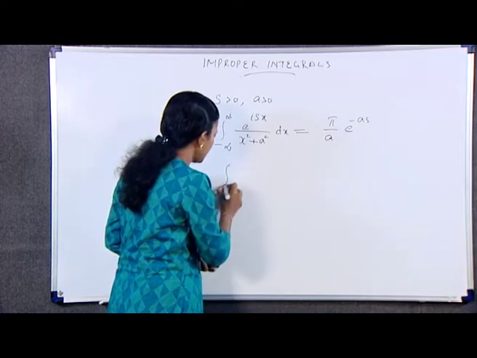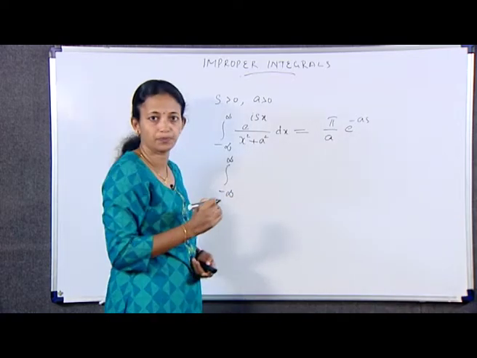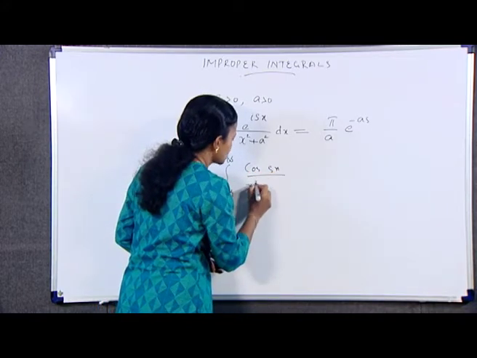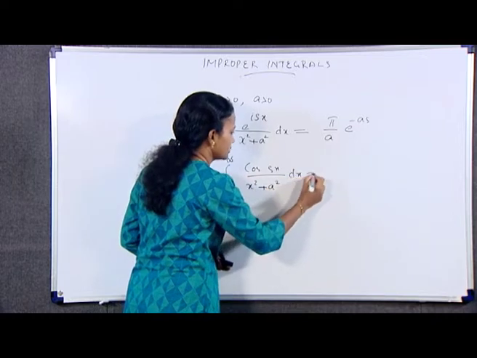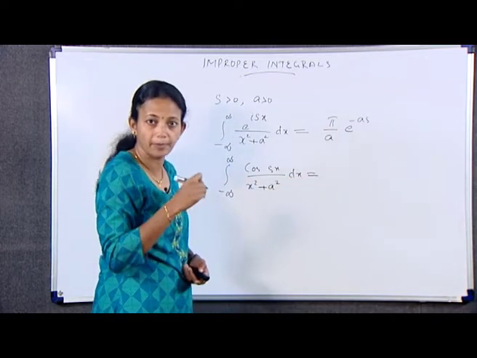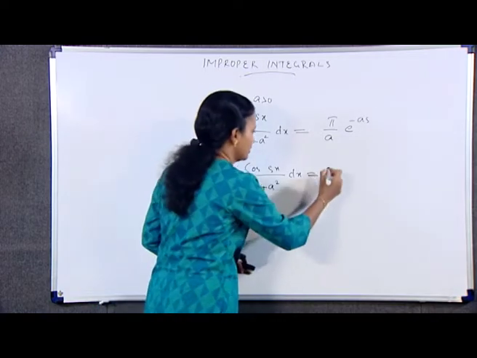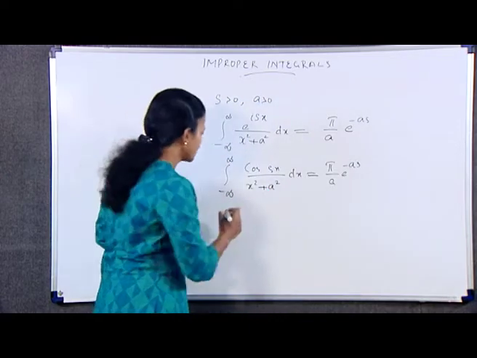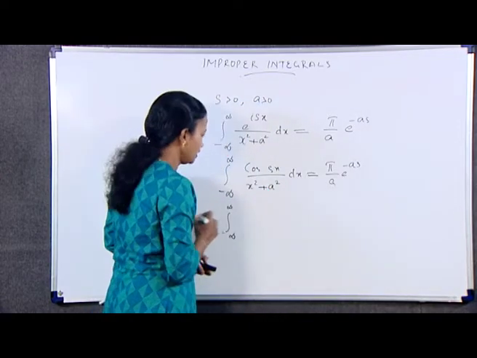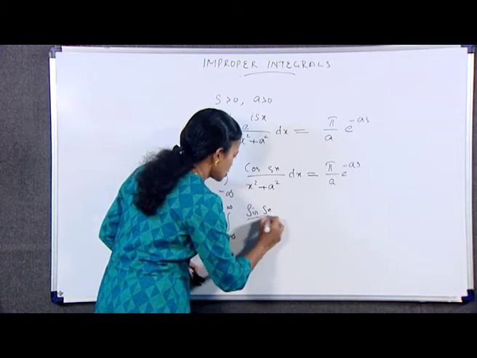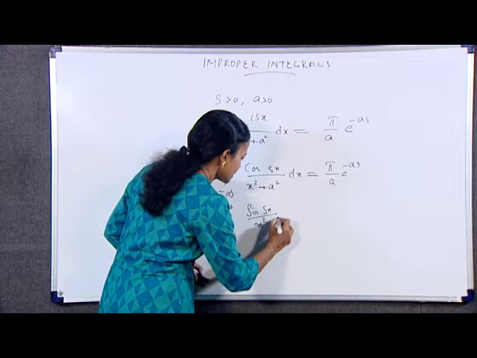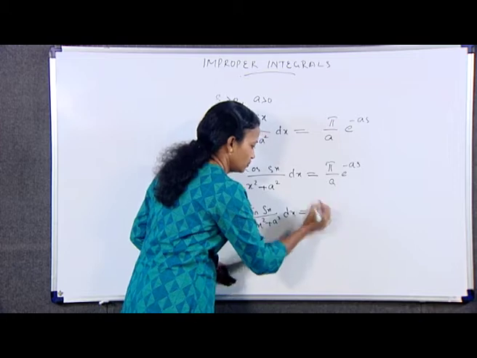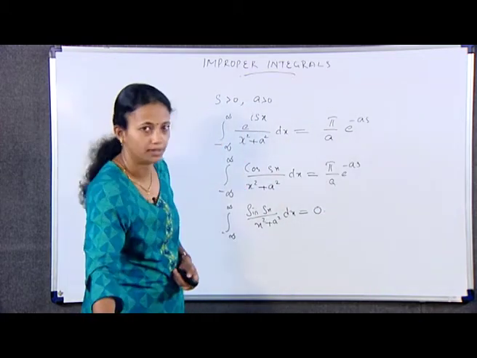Again, integral minus infinity to infinity cos s x by x square plus a square dx is equal to pi by a e raised to minus a s, and integral minus infinity to infinity sin s x by x square plus a square dx is equal to 0. This we have to prove. Solution.